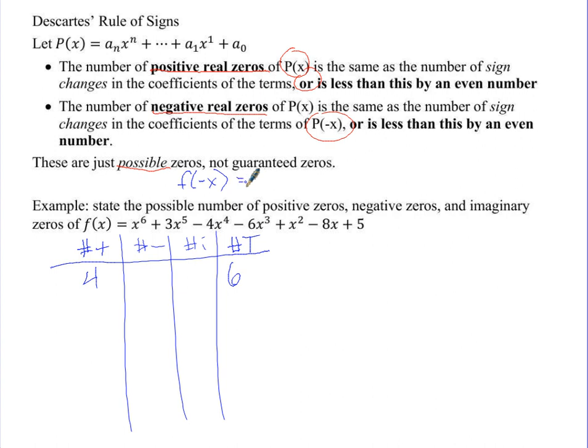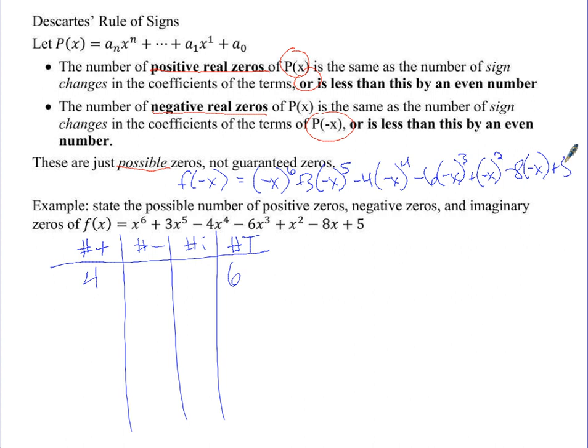F of negative x equals, parentheses, negative x to the 6th plus 3 times negative x to the 5th minus 4 times negative x to the 4th minus 6 times negative x to the 3rd plus negative x squared minus 8 times negative x plus 5.